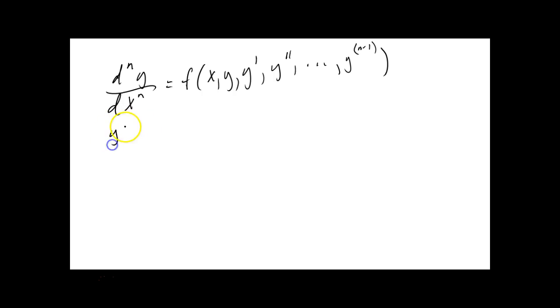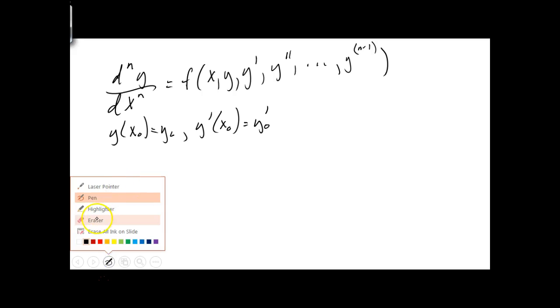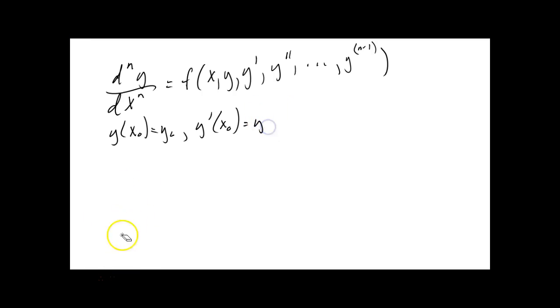Here would be typical conditions. y at some x0 could be y0, say. Okay? Again, these are very general. And then we'd say y prime at some x0 would be some y1.